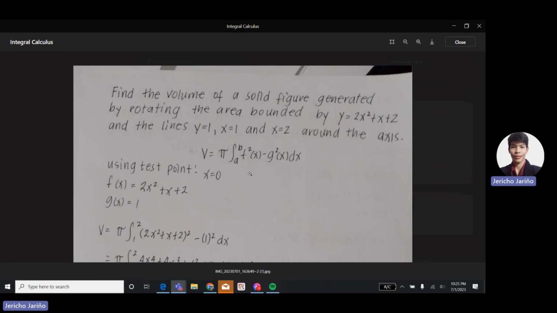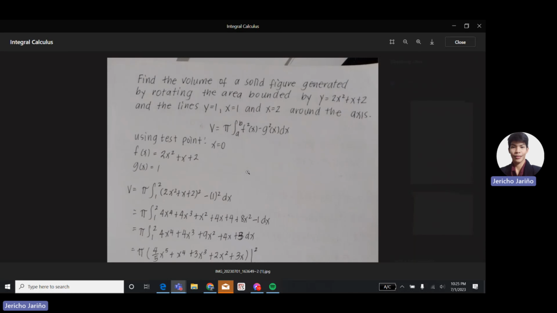Substituting these functions into our given formula, we have volume = π times the integral of (2x² + x + 2)² − 1² with respect to x from 1 to 2.